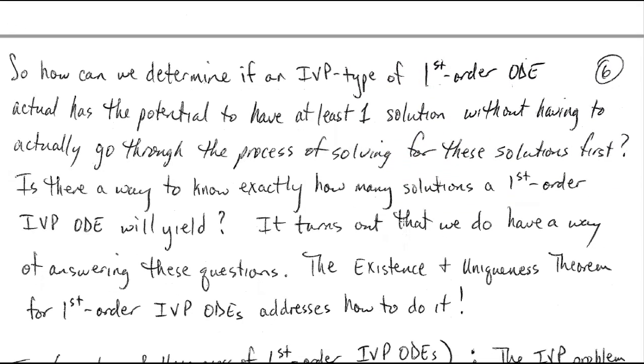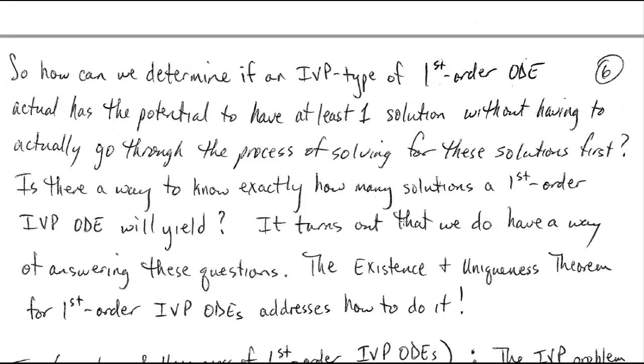So what we want to know now is how can we determine if an initial value problem type of first order ODE has the potential to have at least one solution without having to go through this whole process of solving for these solutions first.